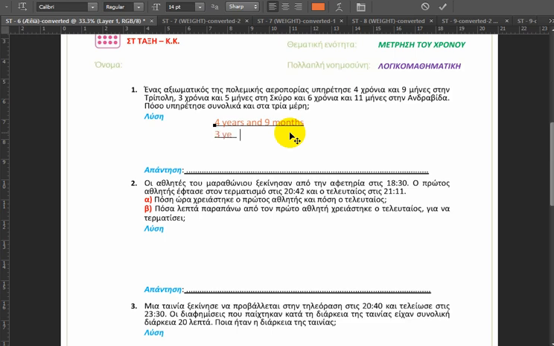We have 3 years and 5 months in the other city, and then 6 years and 11 months in the last city. And we need to add all of this up.